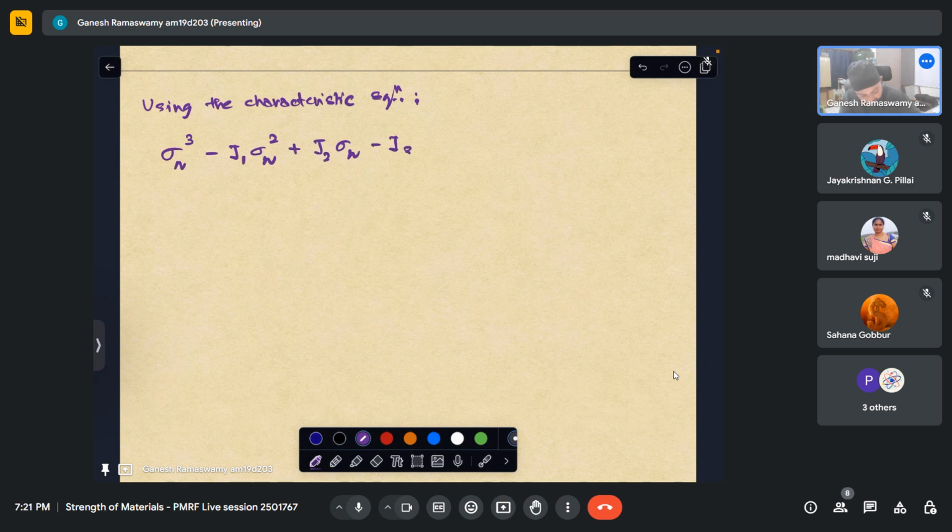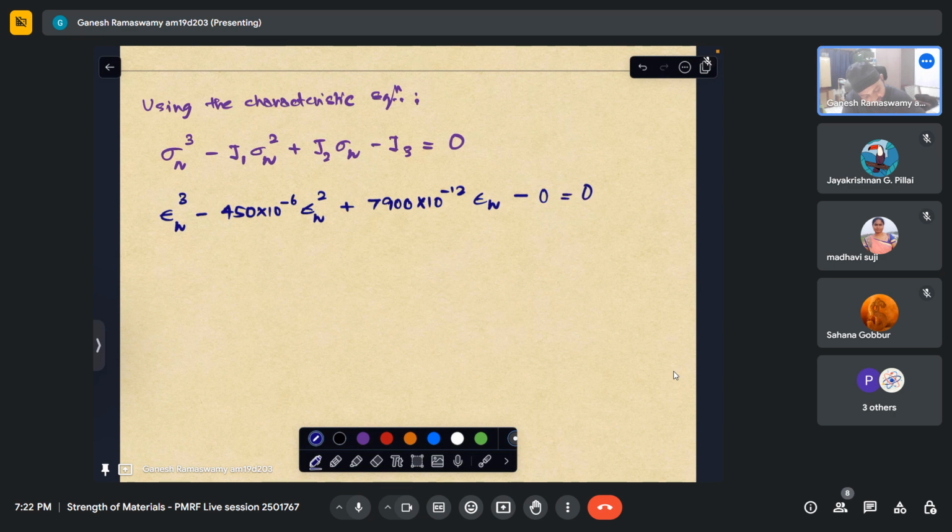So we were getting a cubic equation which will have 3 roots. These 3 roots are the principal stresses. Similarly, we'll do the same thing for strain. It will be epsilon n cube minus I1, which is 450 in this case, into 10 power minus 6 epsilon n squared plus I2, which is 7900 into 10 power minus 12 epsilon n, minus 0. So I have just substituted I1, I2, I3 into the characteristic equation of the strain tensor.